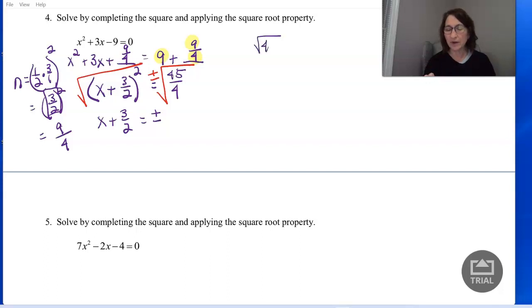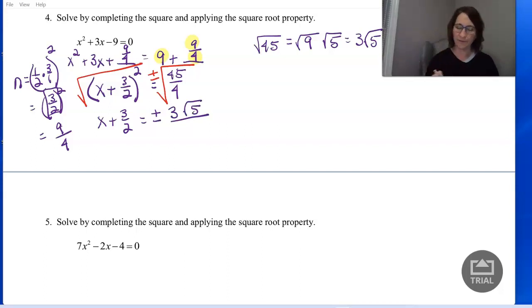The square root of 45 is the same thing as the square root of 9 times the square root of 5. Well, the square root of 9 is 3, so that would be 3 square roots of 5. So I've got plus or minus in my numerator, 3 square roots of 5. In my denominator, the square root of 4 is 2.